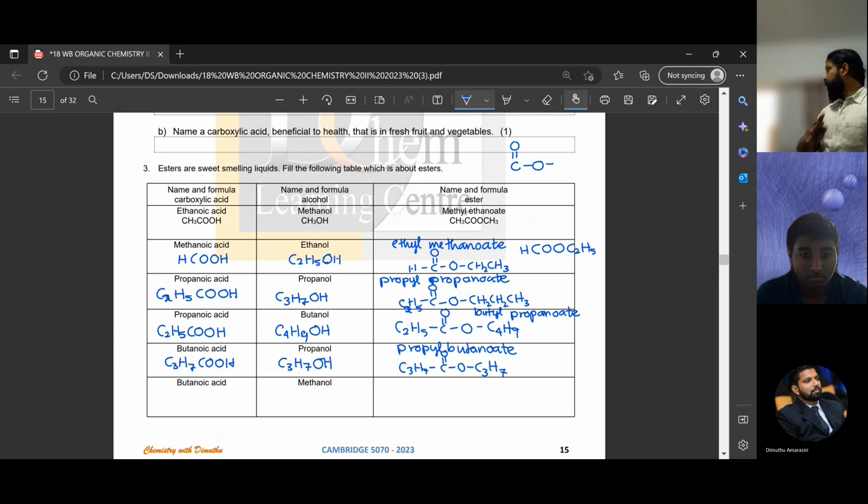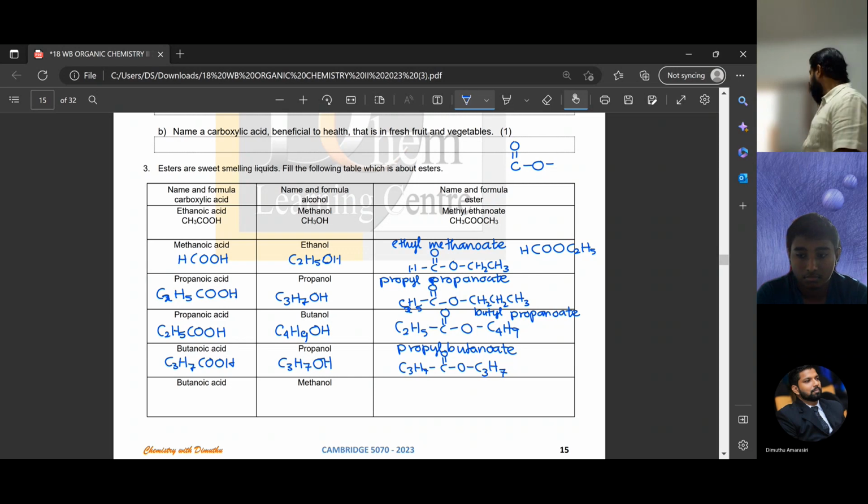Don't remember it as a left hand and right hand side. They can flip the structure and give it to you. Again, they can ignore the diagram and give. How do you remember? It is the side with the single bond oxygen. What is the alcohol side?